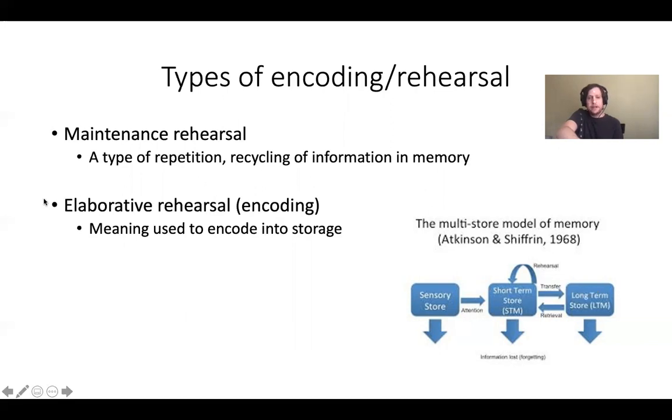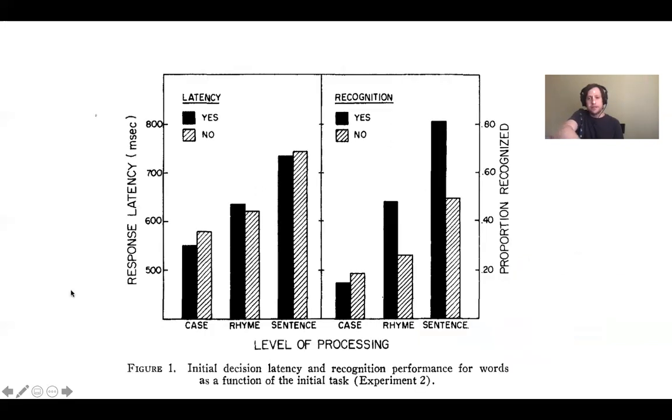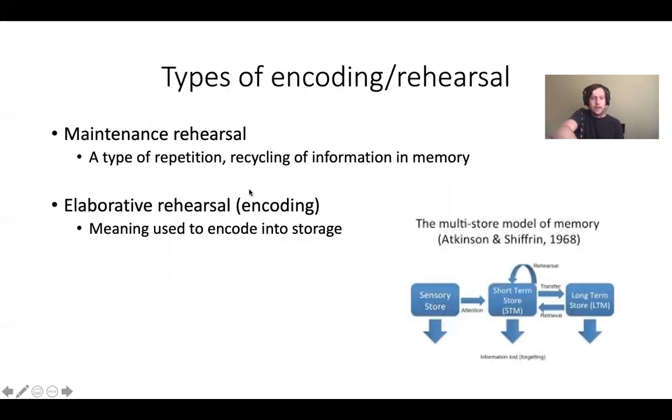But in the previous study, there was pretty clearly a benefit of elaborative rehearsal. Once again, in the sentence condition, for each word you're evaluating the meaning of that word. That's a type of elaborative rehearsal, when you're using meaning to help encode words into storage. The question in the levels of processing study is, do you get a benefit in memory when you use an elaborative type of encoding strategy like the sentence condition?